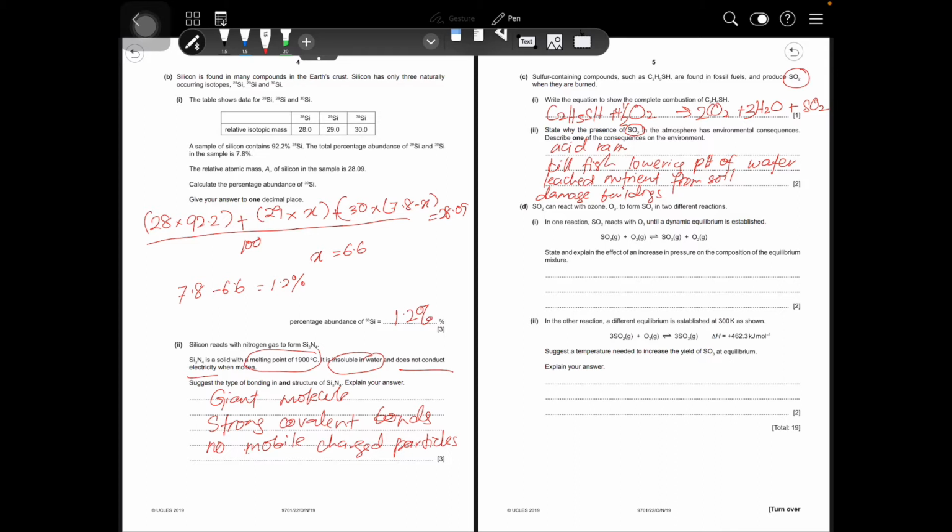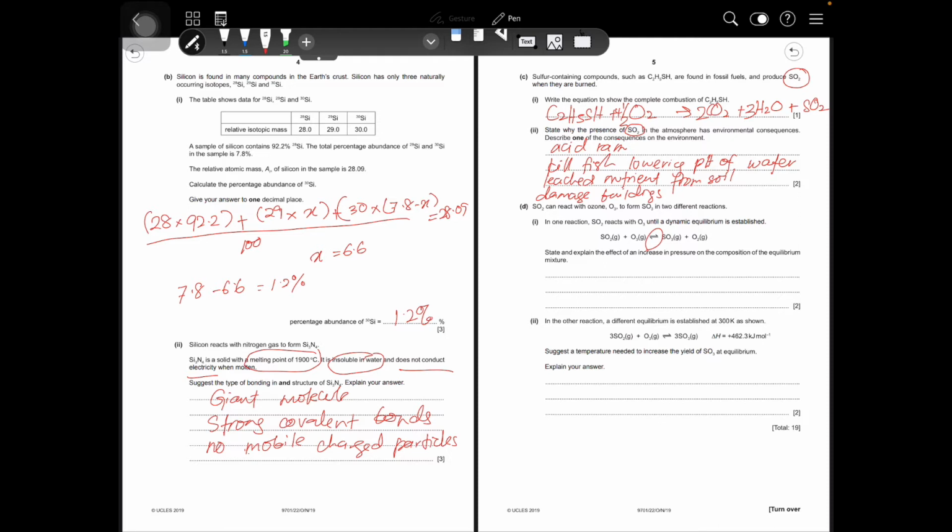SO2 can react with ozone to form SO3 in 2 different reactions. So in one reaction, SO2 reacts with O3 until a dynamic equilibrium is established. State and explain the effect of an increase in pressure on the composition of the equilibrium mixture. When we talk about a system in equilibrium, we must talk about Le Chatelier's principle.